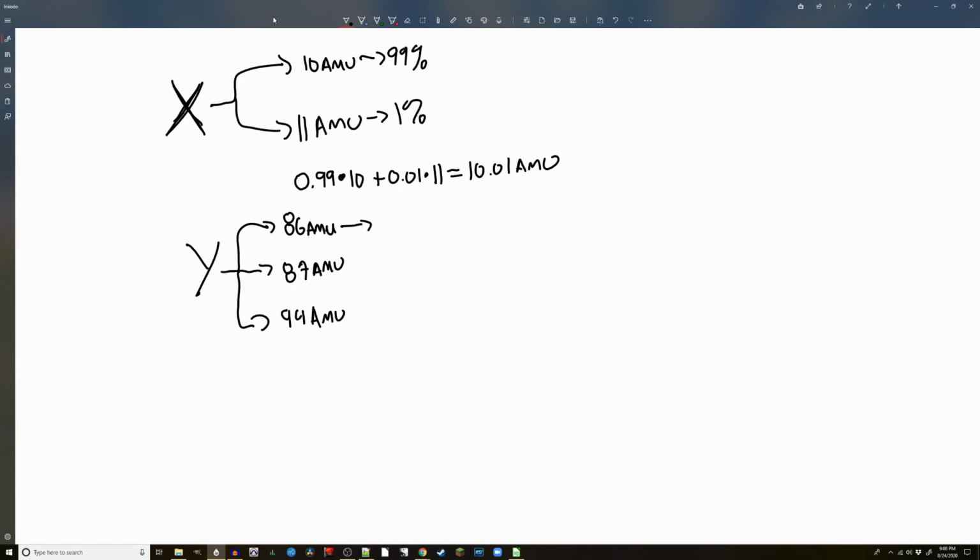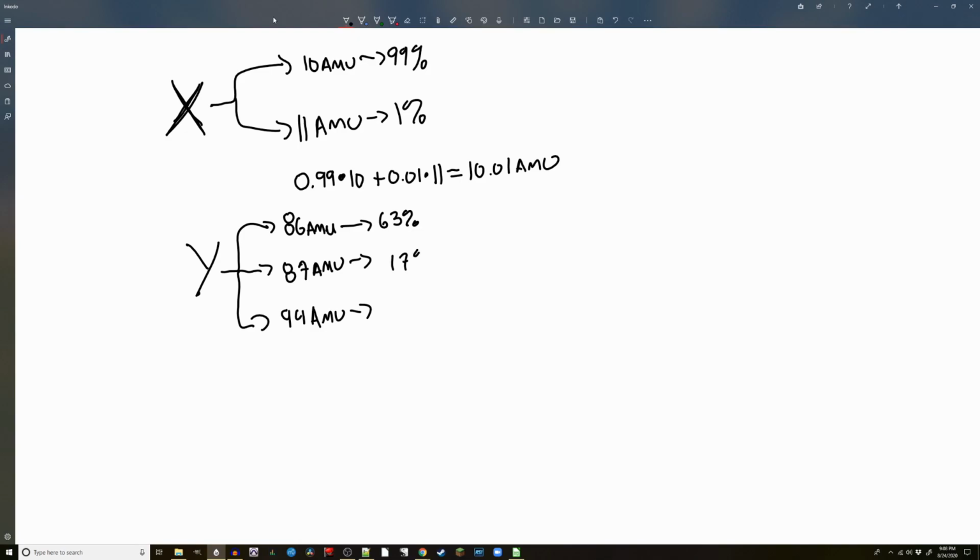We also want to decide what percentages these exist at. So let's say 86 is the normal one, 63% of this element Y in the universe is 86 AMU. We got to make sure this adds up to 100, so let's do some quick maths. Let me make it easy on myself. Put a 7.